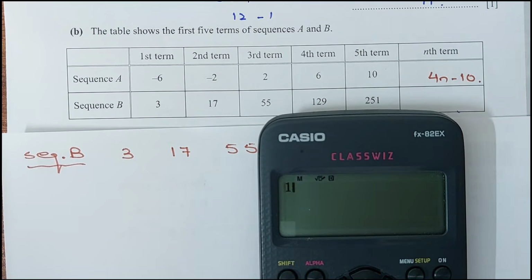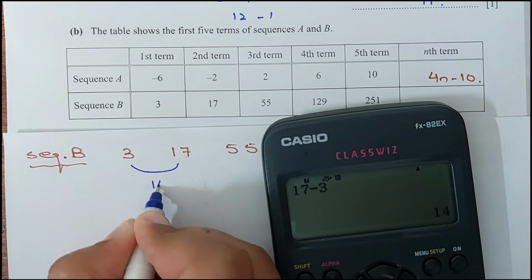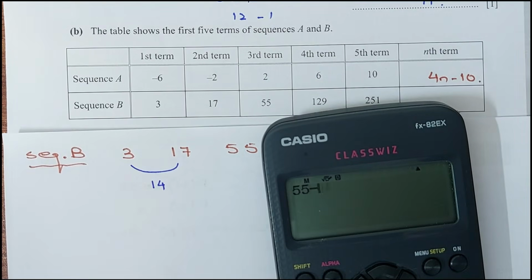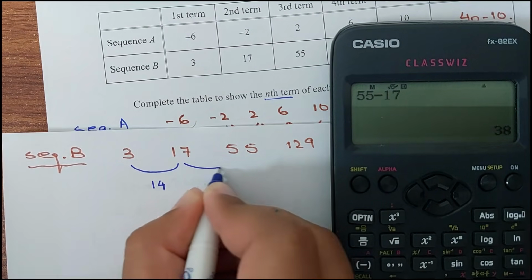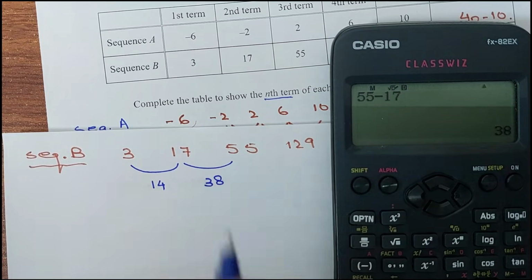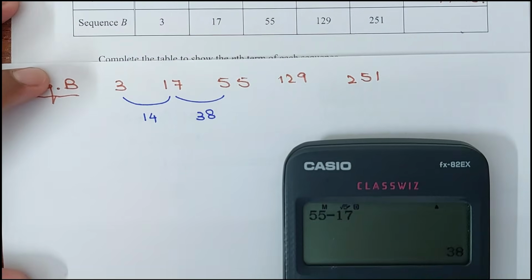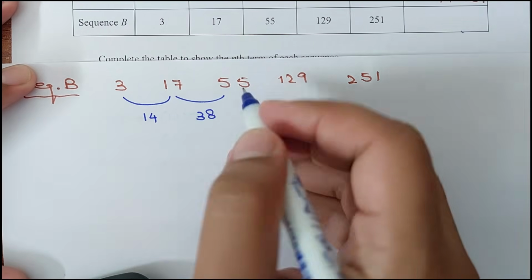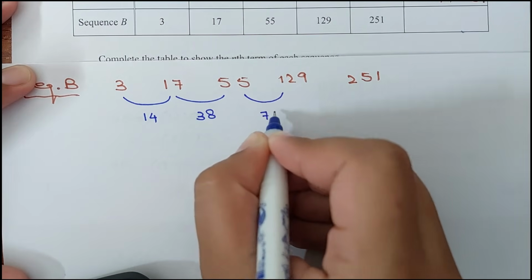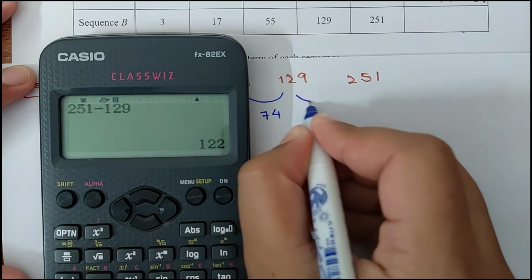The first difference, 17 and 3, the difference is 14. 55 and 17, the difference is 38. 129 and 55, 74 is the difference. And 251 and 129, the difference is 122.